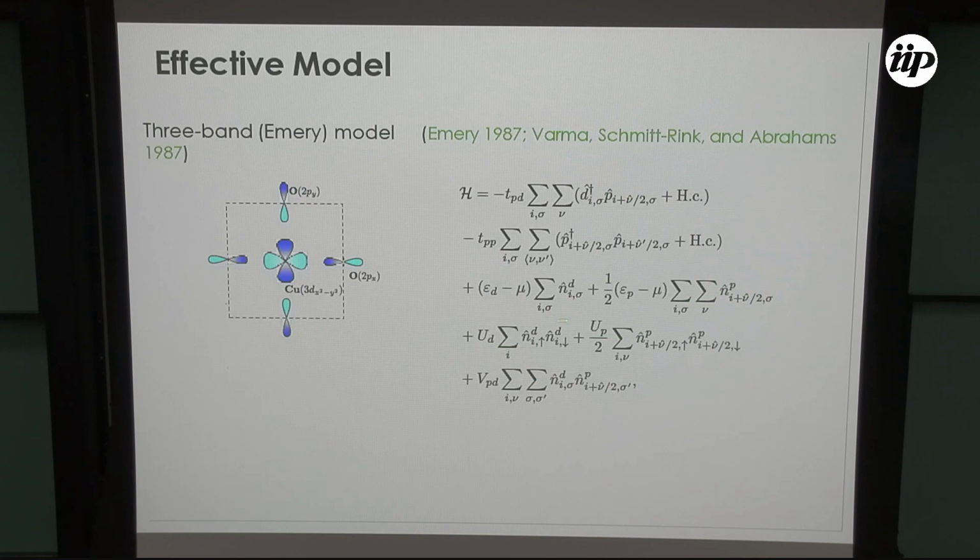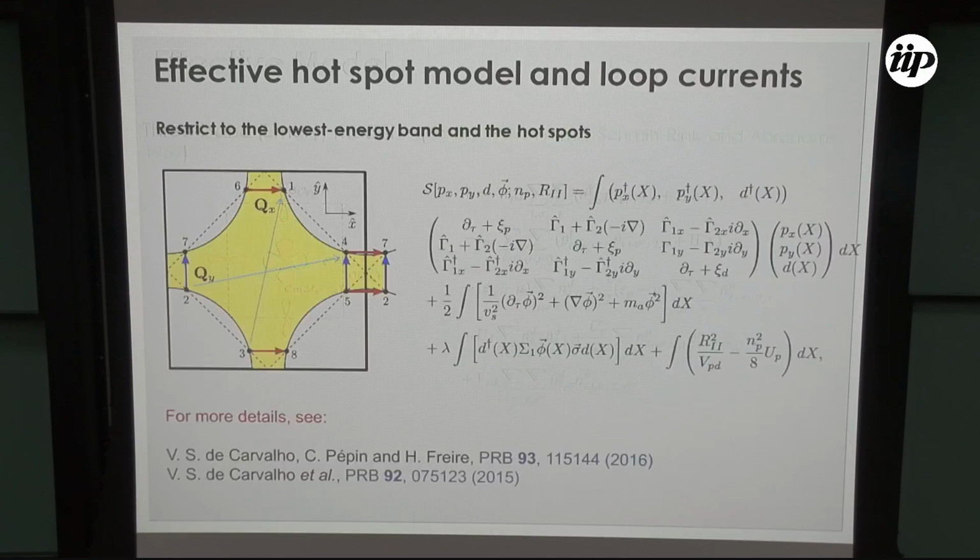U_D is a local interaction term inside the copper site. U_P is the local interaction inside the oxygen site, and V_PD is a non-local interaction between the copper and the oxygen site. So the two important parameters in the theory are this U_D and V_PD, as I'm going to show.